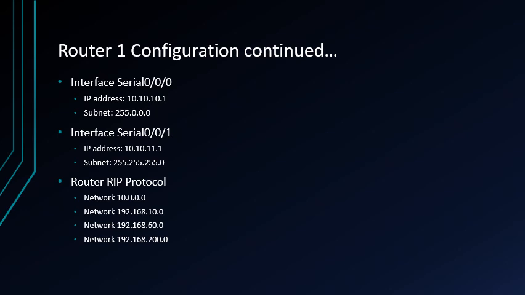And we used a RIP protocol for the router, and that network was 10.0.0.0. And then for the other departments, we used 192.168.10.0, and then 192.168.60.0, and then 192.168.200.0.